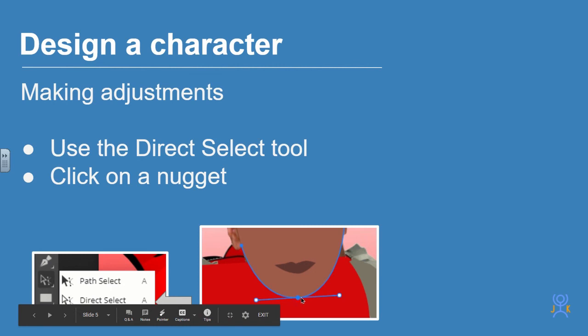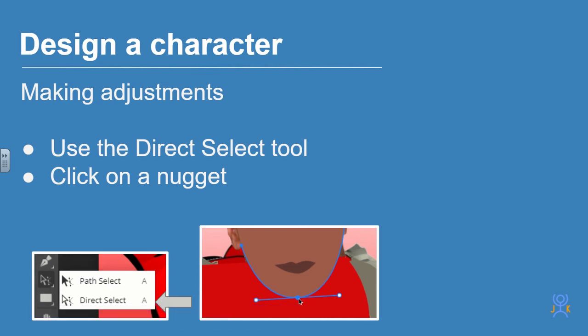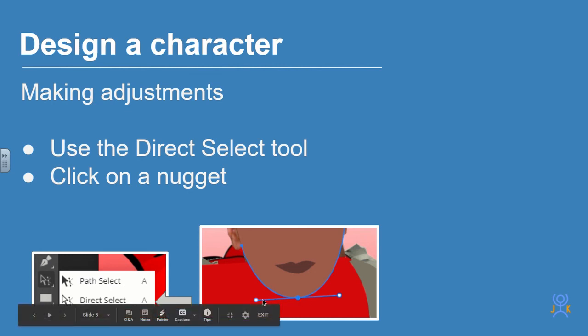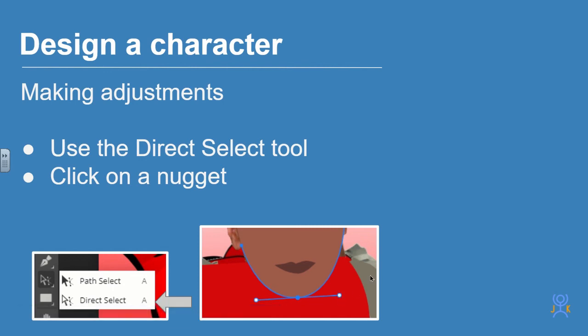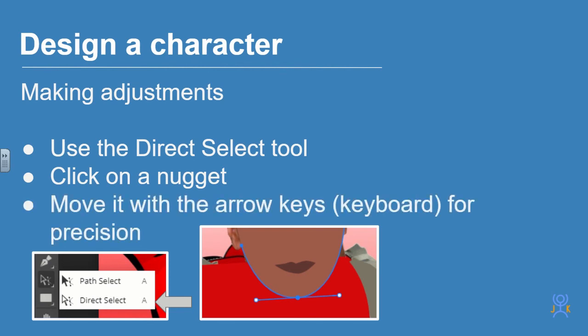I could then click back on this nugget, and potentially I can grab hold of these, I don't know what they'd be called, extendable arm nugget things, and you can move them around to make the curve as you want it. Right, yeah, and you can move it with a mouse, or more accurately and slightly easier, less fiddly, you can use the keyboard, so the arrow keys on the keyboard for precision.